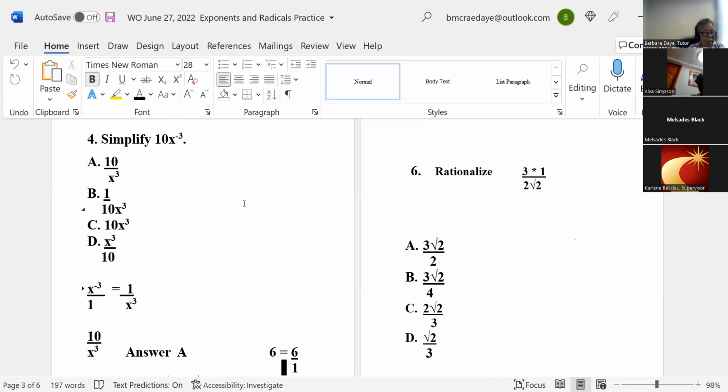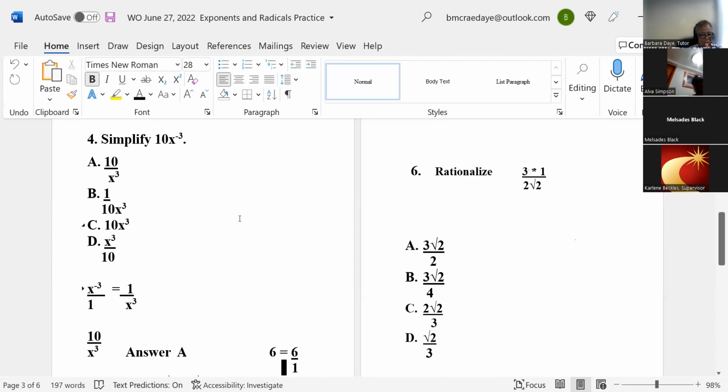Just remember, whenever you have a negative exponent, negative power, it becomes a reciprocal. That means you turn it upside down and make your power positive. Two steps: flip it, change the sign. We flipped it, 1 over x, and then changed the sign from minus to plus.